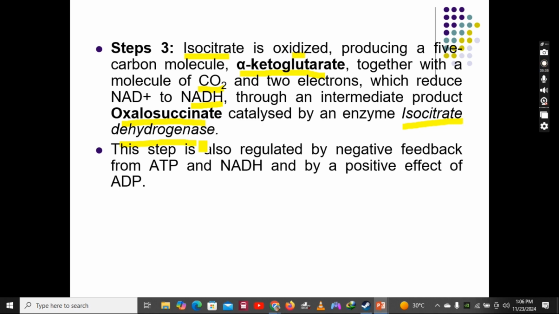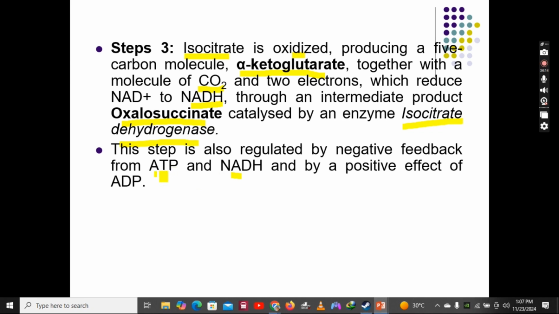So we continue with the third step. This step is also regulated by negative feedback from ATP and NAD. The moment we have high levels of ATP, the reaction in this third step decreases, because there is negative feedback.